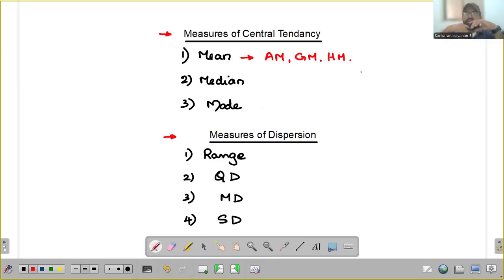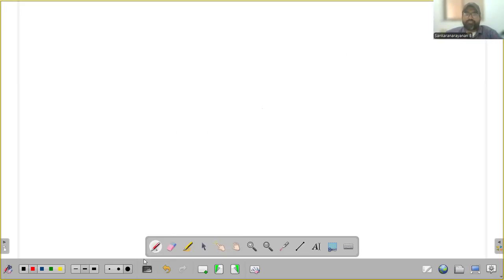This is the framework based on which today's lecture is designed. To start with, we will consider mean, then median, and then mode.